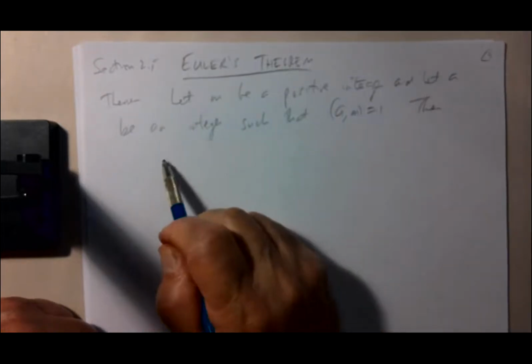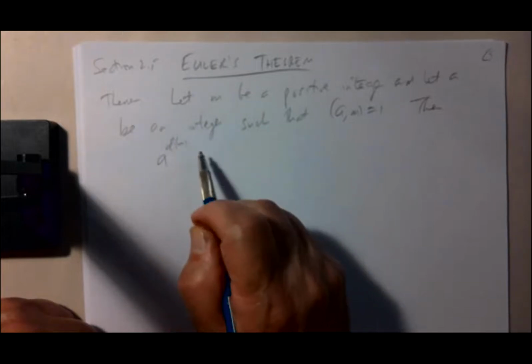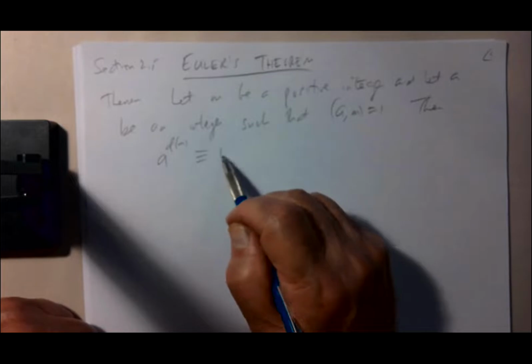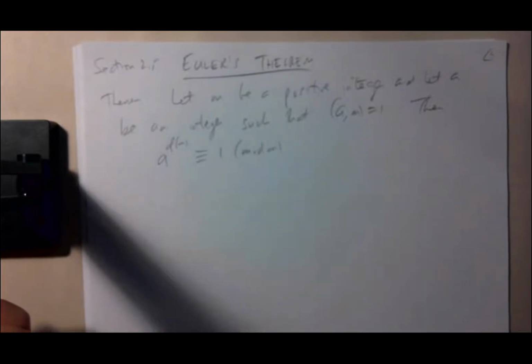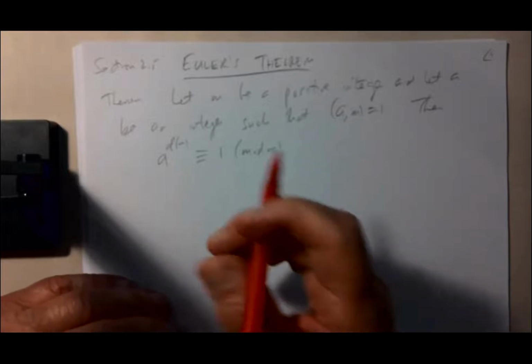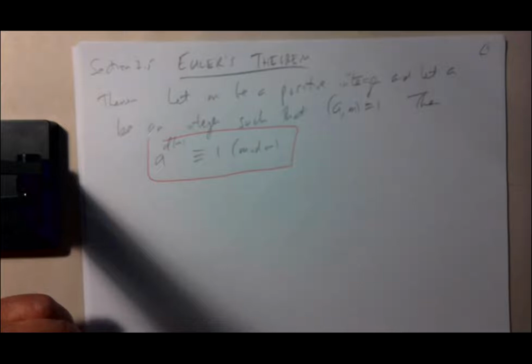Then, if I take a and raise it to the power phi of m, this is always congruent to 1 mod m. So this is the formula that is Euler's theorem.